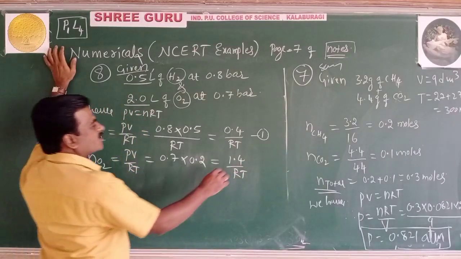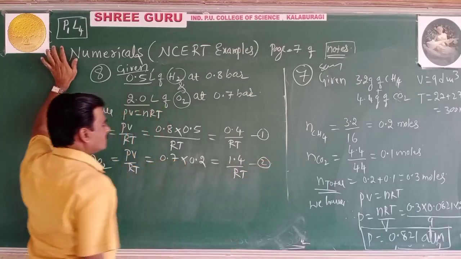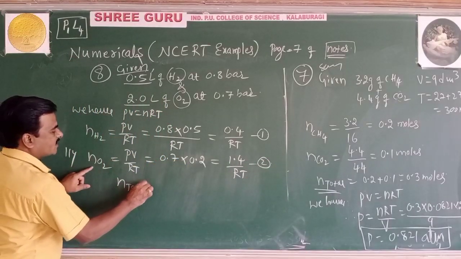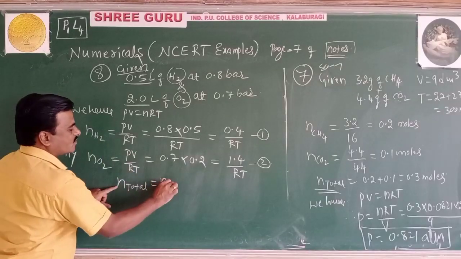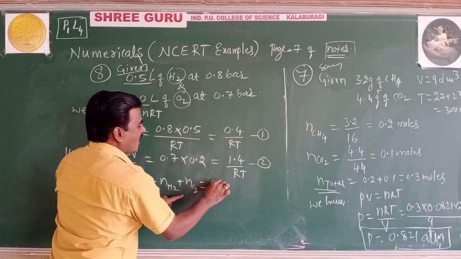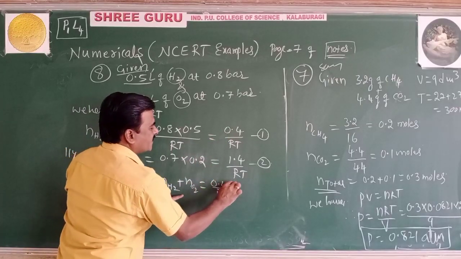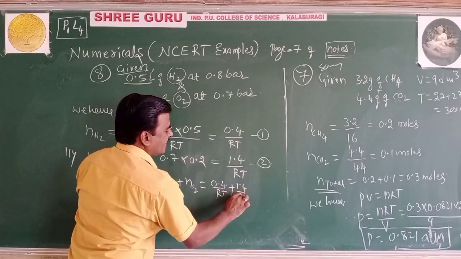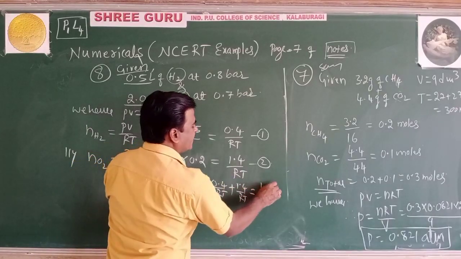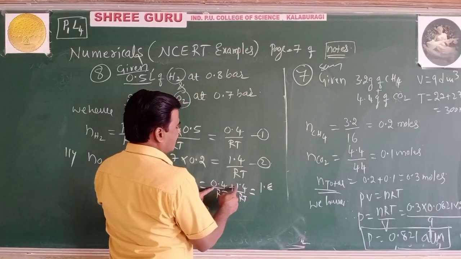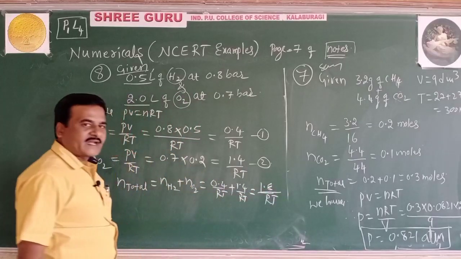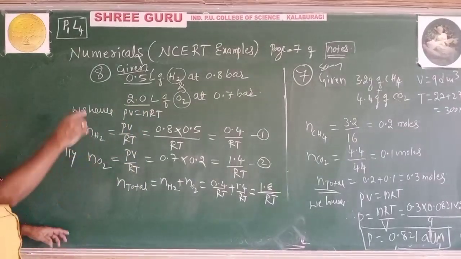Call it 2. Then n total equals number of moles of hydrogen plus number of moles of oxygen, which is 0.4 by RT plus 1.4 by RT. On adding, you get 1.8 by RT. Now go to the final equation.